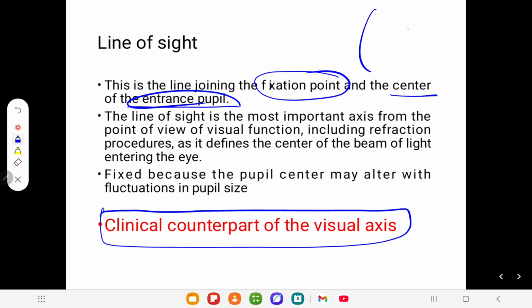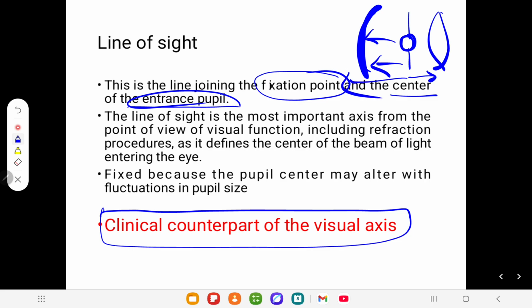Entrance pupil is the image of the pupil made by the cornea, which is an object space lens. I'm sorry, don't confuse it with this lens. If the image of the pupil is made by this lens, which is image space, it will be called the exit pupil. So the entrance pupil is the image of the pupil made by the cornea, because it is an object space lens.